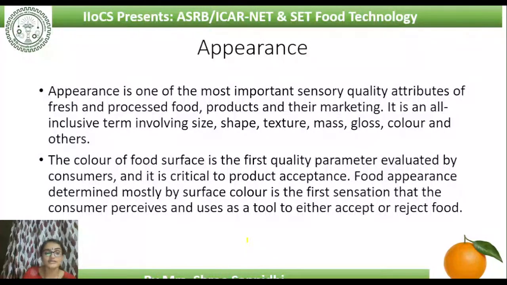Food appearance, determined mostly by surface color, is the first sensation that the consumer pursues and uses as a tool to either accept or reject the food. So color is the basic thing by which the consumer will either accept or reject the food.